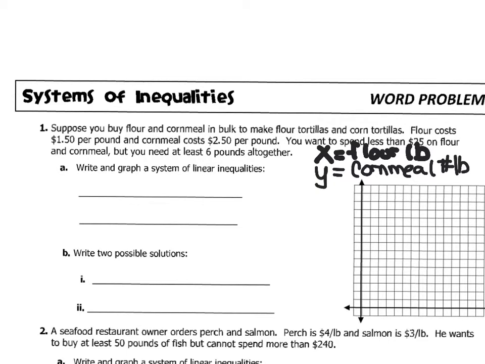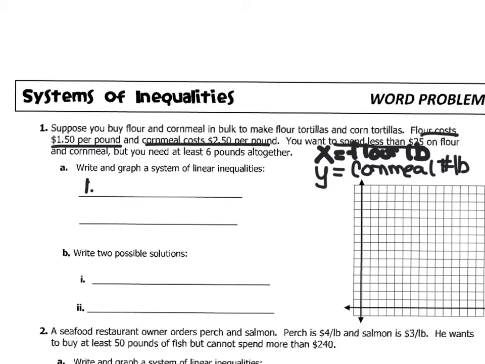It says flour costs $1.50 per pound, cornmeal costs $2.50 per pound, and you want to spend less than $25 on flour and cornmeal. Let's just deal with the money.